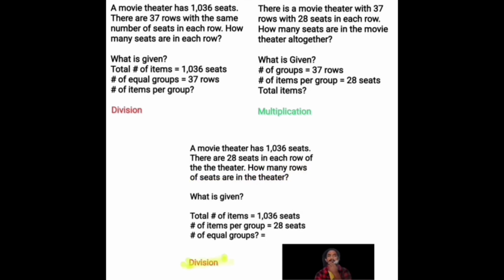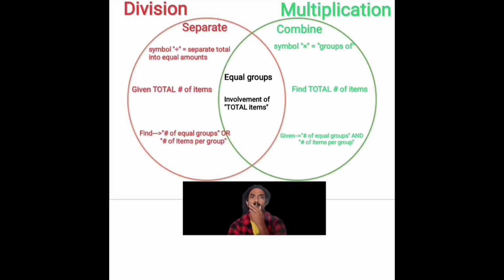So like I said before, if you're given the total number of items, there's a good chance you're going to have to divide. If you're asked to find the total number of items, you're going to have to multiply. Let's summarize everything up with this pretty little Venn diagram I made. Both division and multiplication involve total items and equal groups.